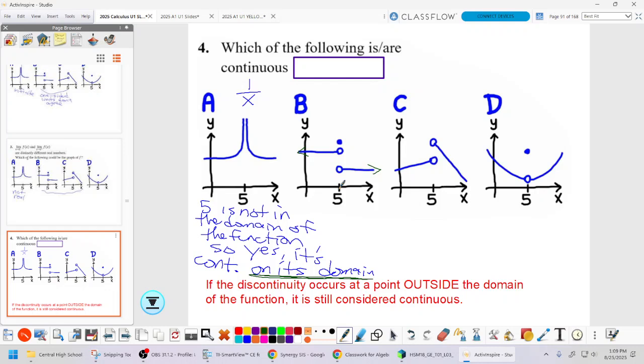No. Because it's discontinuous at 5. Discontinuous at 5, let's be specific, at x equals 5, and 5 is in its domain. Okay, with that said, let's look at these last two. Is C continuous on its domain?